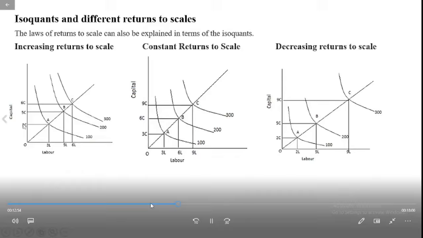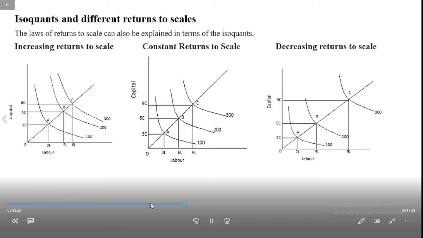Capital becomes 5, that means an increase of 2 units. 3 becomes 5. Before we were using 3 units of capital, now we are using 5 units of capital. Similarly, before we were using 3 units of labor, now we are using 5 units of labor. Now additionally we are using 2 units of capital and 2 units of labor.